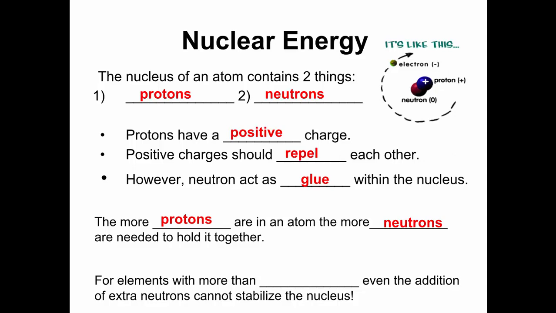But for some elements, their nucleus has so many protons that even those extra neutrons being added are not enough to stabilize the nucleus. So most of our radioactive elements are at the larger end of the periodic table with a higher atomic number.